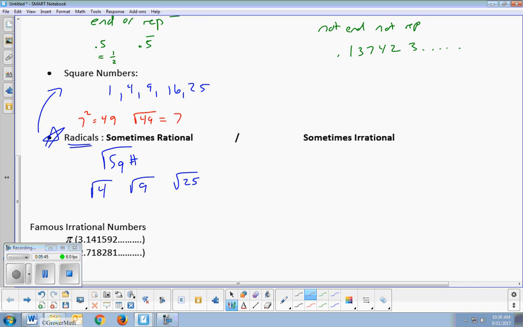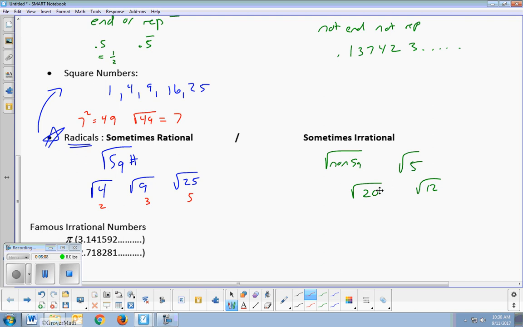The square root of 4 is 2. The square root of 9 is 3. The square root of 25 is 5, because those numbers squared give those numbers. But if you have the square root of a non-square number, like the square root of 5, or the square root of 20, the square root of 12, there is no number times itself that gives you 5.